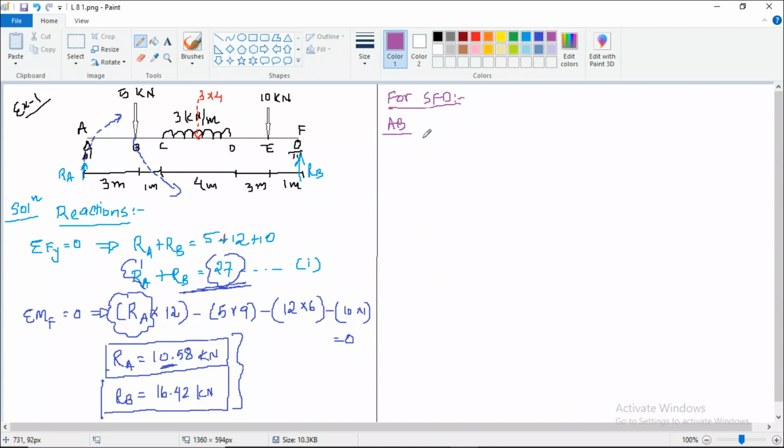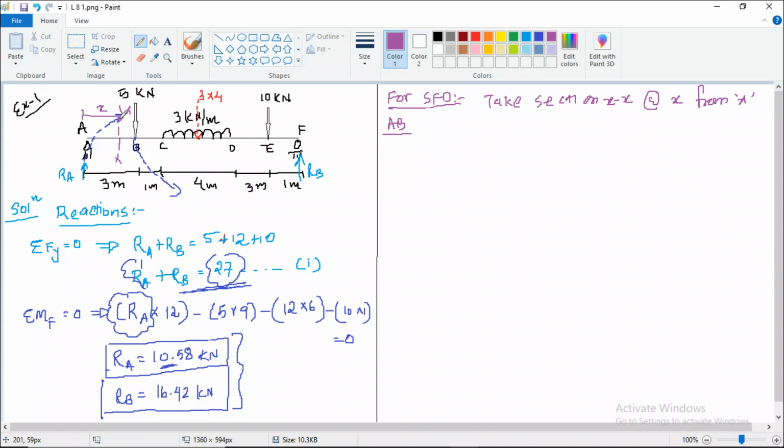We take section XX at a distance x from point A. So from point A we are taking a section XX at any distance x.